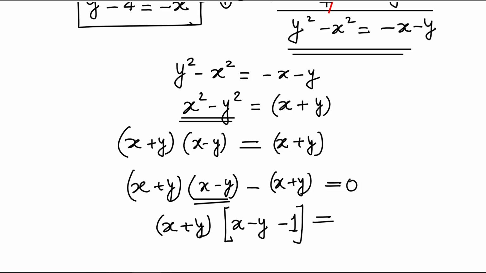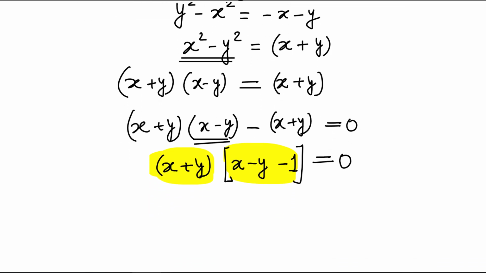And this is equal to 0. So from here I can say either this term is 0 or this term is 0. In this case, x plus y is equal to 0. This means y is equal to minus x.